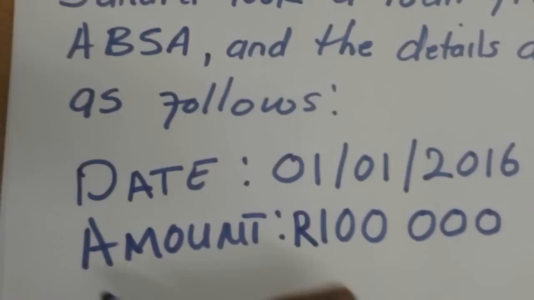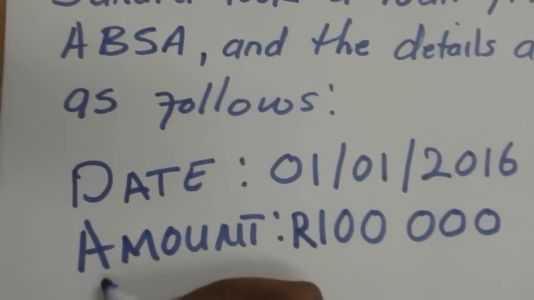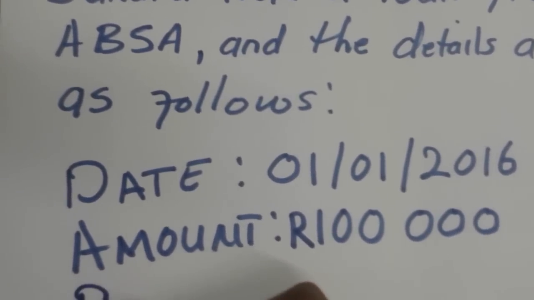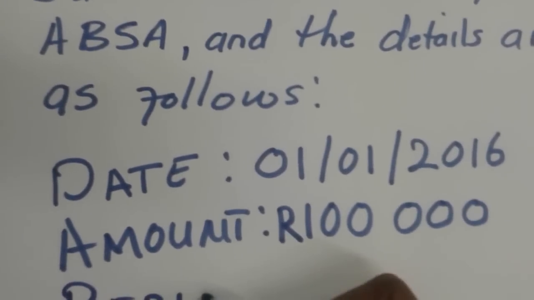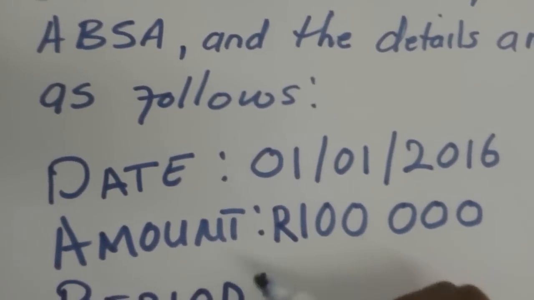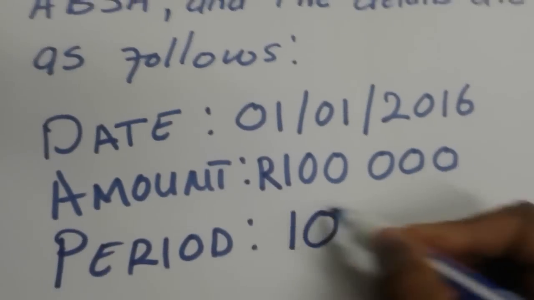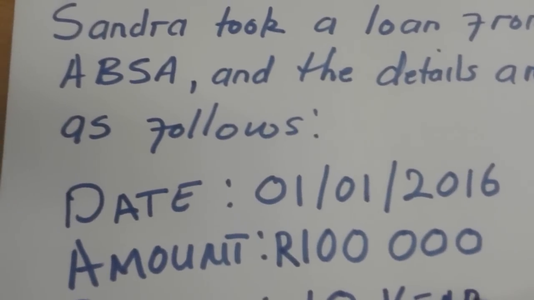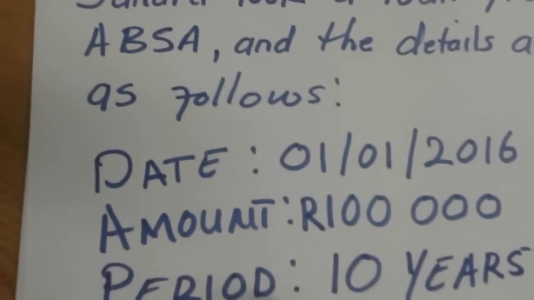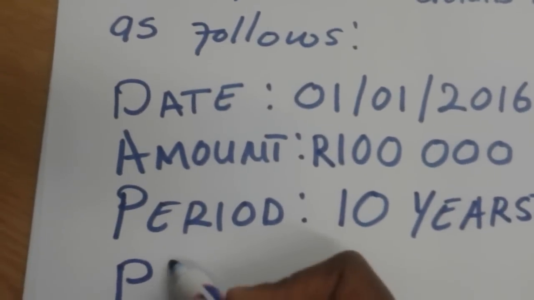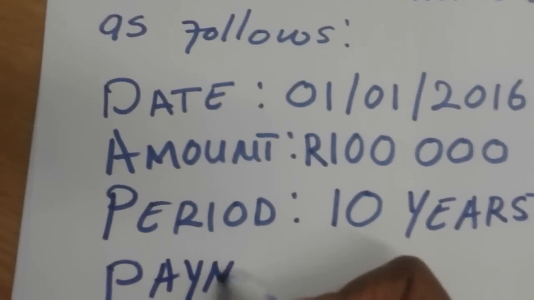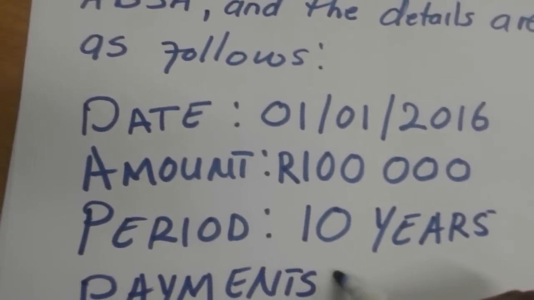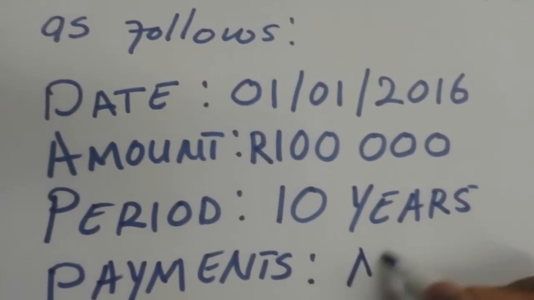Okay, and then the number of years which Sandra must take to pay this. Let's say it is 10 years. And then the interval for our payments. That is monthly.